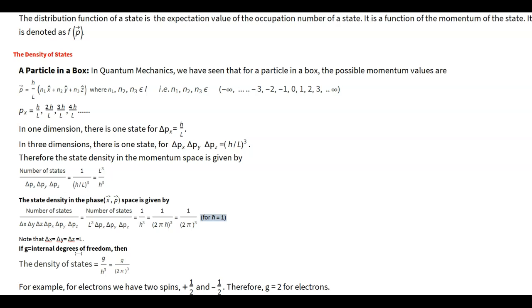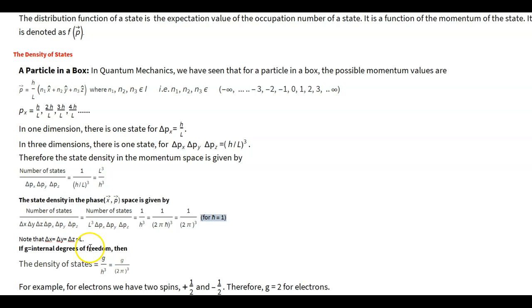Now if g is the number of internal degrees of freedom, for example, for electrons we have 2 spins, plus half and minus half. For neutrinos we have 3 flavors: tau neutrino, mu neutrino and electron neutrino. So g will be 3 for neutrinos, g will be 2 for electrons.